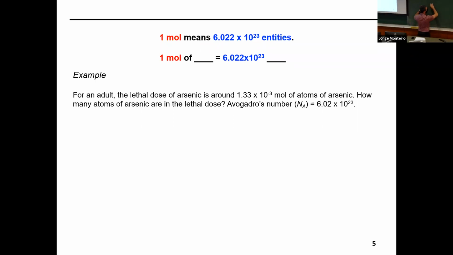So let's first build the conversion factor. Very simple here: 1 mole of, in this case, atoms of arsenic. So that's what's going to go in the gap.